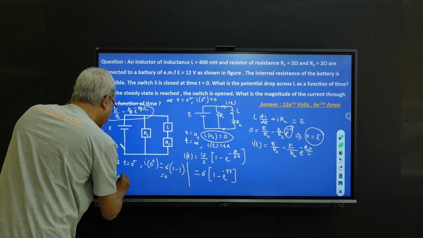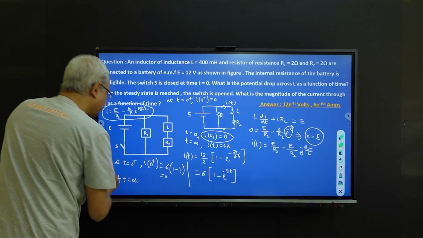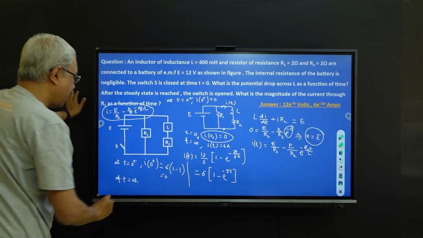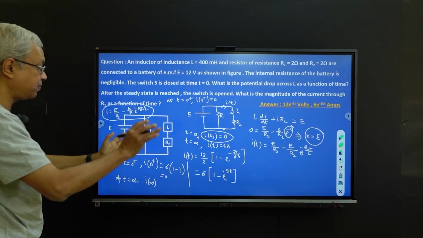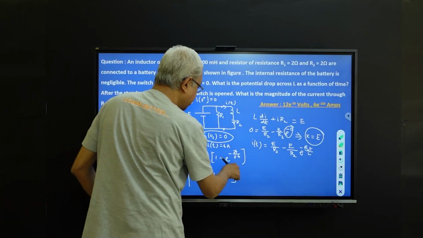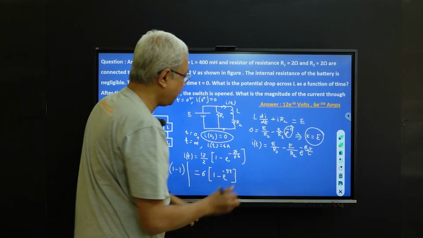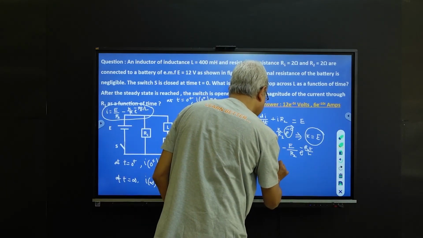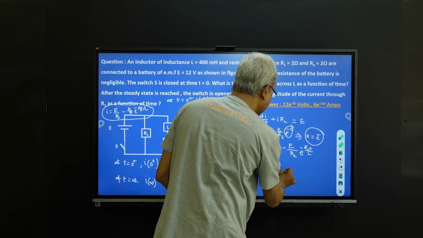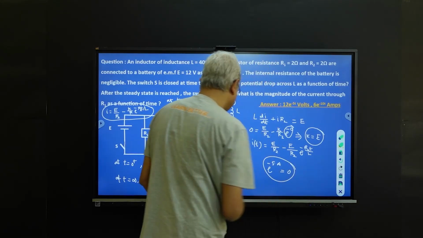At t equal to infinity, what happens? I(infinity) means when sufficient time has passed, this quantity e to the power minus 5t, when t becomes infinity, e to the power minus 5 into infinity, e to the power negative infinity, is 0.